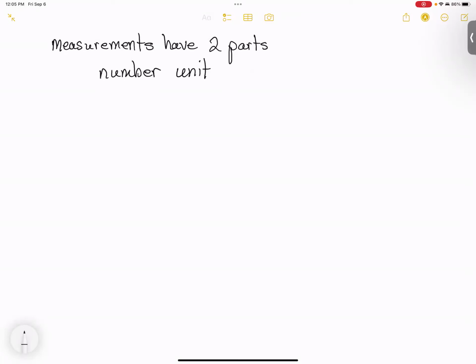What we have been discussing to this point is the number. The number should be recorded in significant digits. Today, we are going to start with a discussion of the unit.